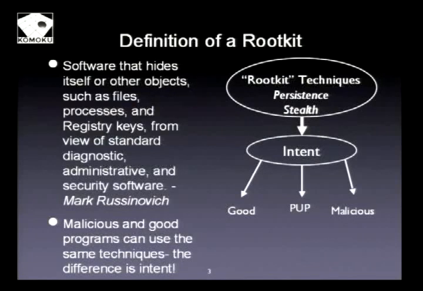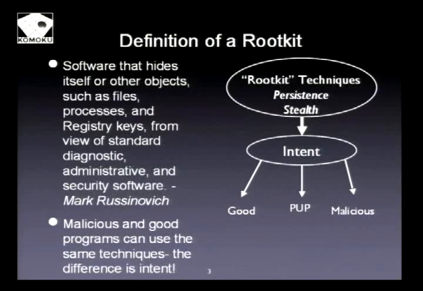The other interesting thing about rootkit technology, and this is pretty much true for all security technology, is that it's inherently dual use. What I mean by that is it can be used for good or it can be used for evil. And really what determines whether it's good or evil is the intent of the authors of that software and how it's used.